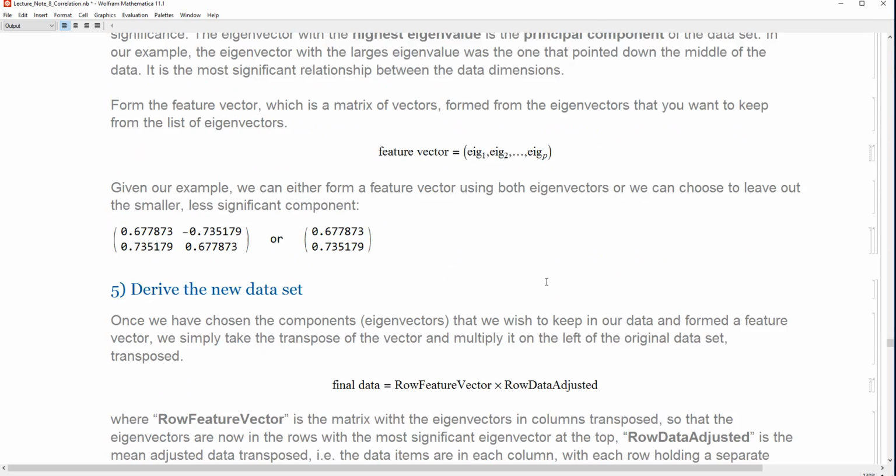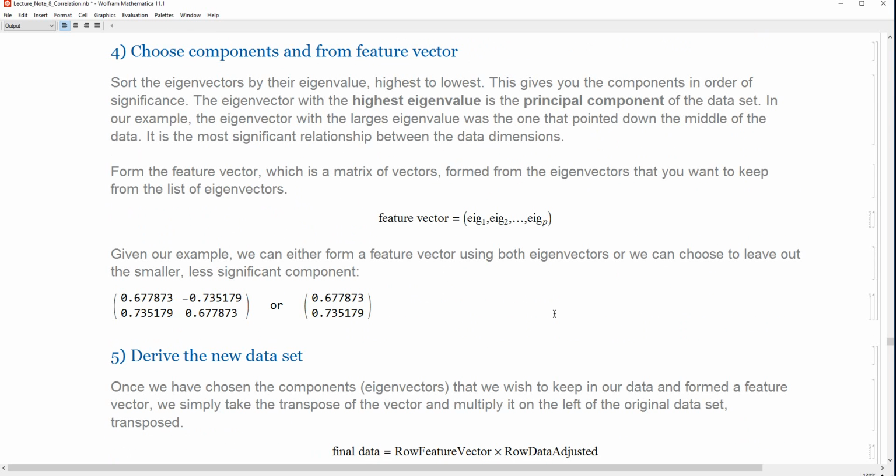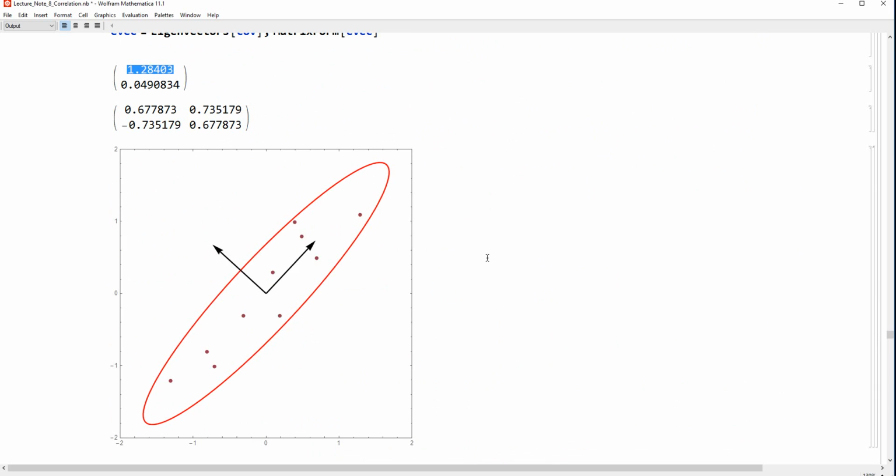What we can do now is use the two eigenvectors as our new coordinate system. From the eigenvectors I can construct a rotation matrix that rotates my coordinate system so that the x-axis is aligned along the first eigenvector, the y-axis along the second, the z-axis along the third, and so on.